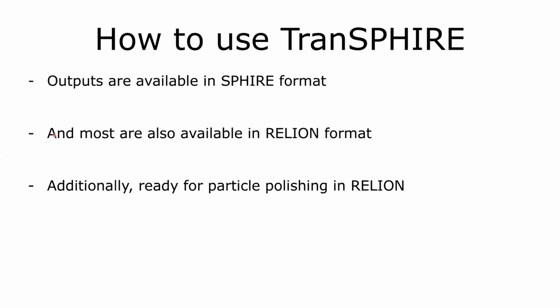But especially up to particle picking, those are also available in the RELION format. So it will directly create a particle CTF micrograph star file, for example, which can be imported into the RELION pipeline.